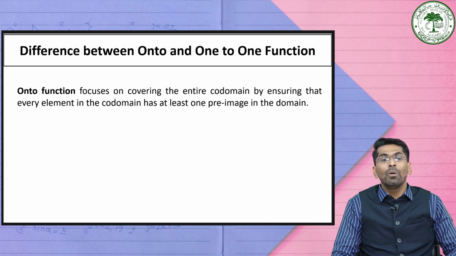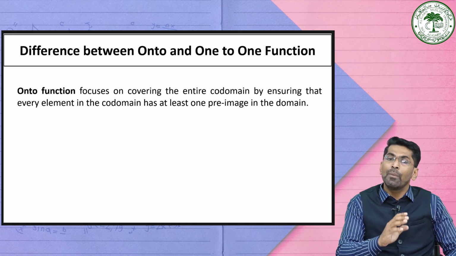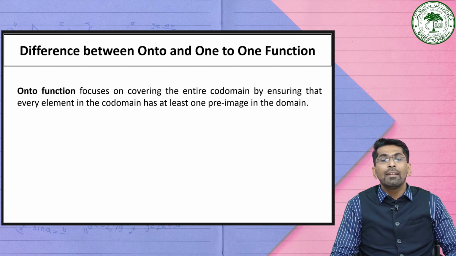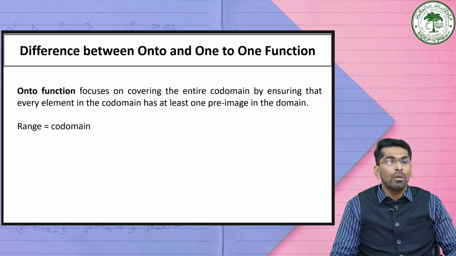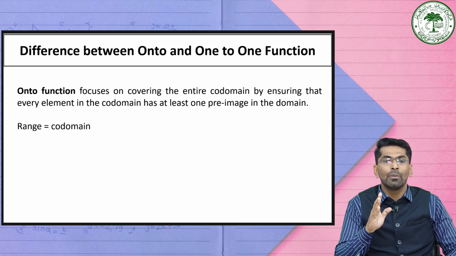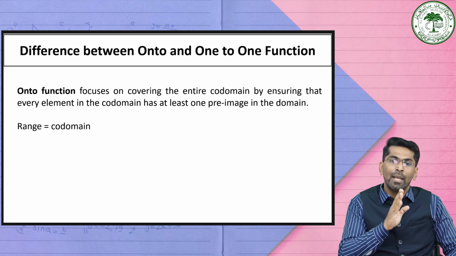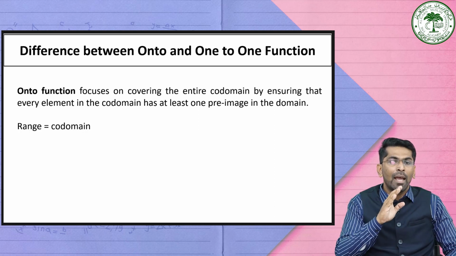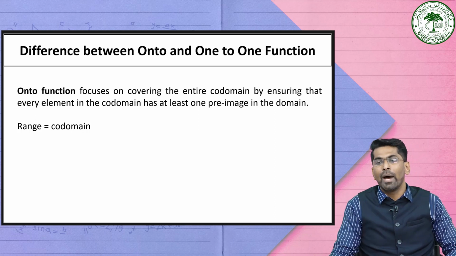In the case of the onto function, the focus is on covering the entire codomain by ensuring that every element in the codomain has at least one pre-image in the domain. So that's why the range is equal to the codomain in the case of an onto function. It is the relation which starts from the codomain to the domain. Every element of the codomain has an element in the domain.